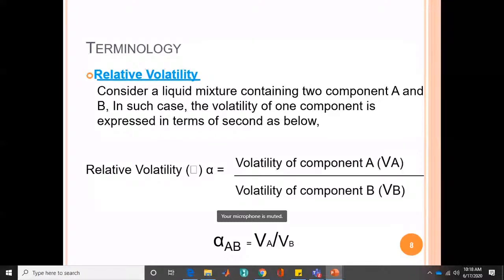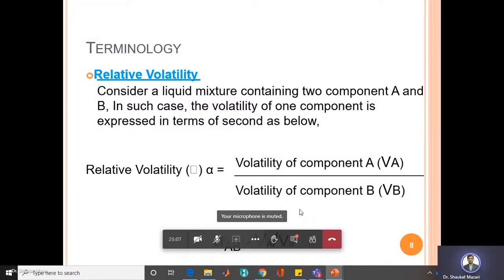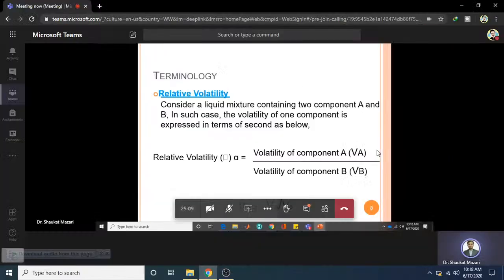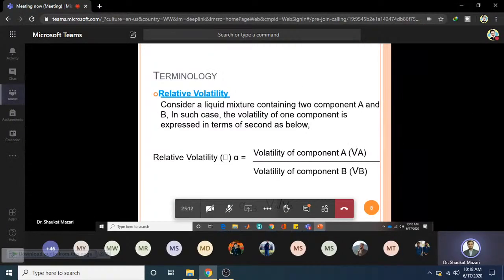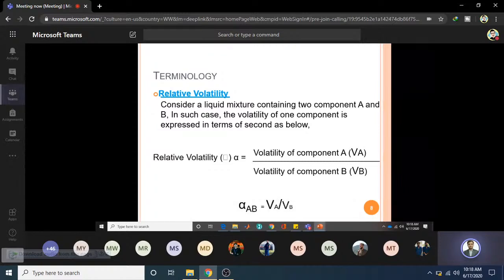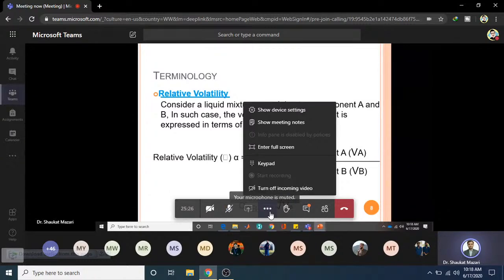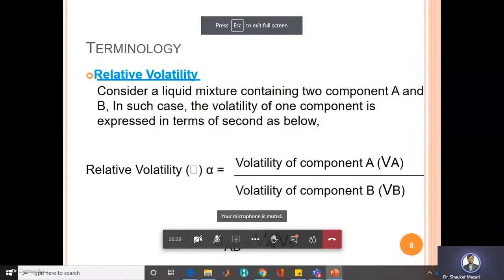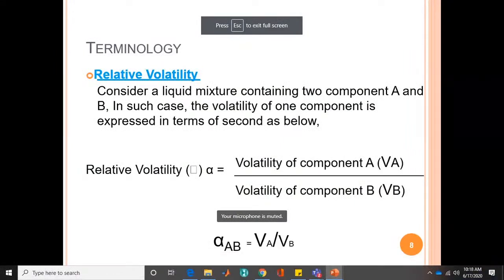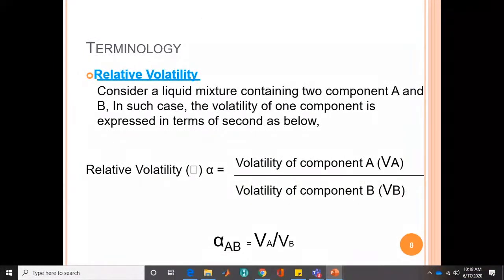Here you can see an example. We have a mixture of component A and component B. This is how we can relate the volatilities. Now how do we do it? Actually, we divide the volatilities. For instance, the volatility of component A divided by the volatility of component B is going to give us the volatility of A with respect to B, or you can say the volatility of A relative to the volatility of B. In case both have the same volatility, what are we going to get?